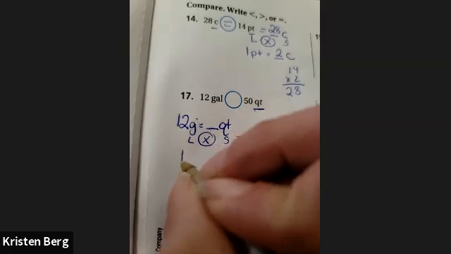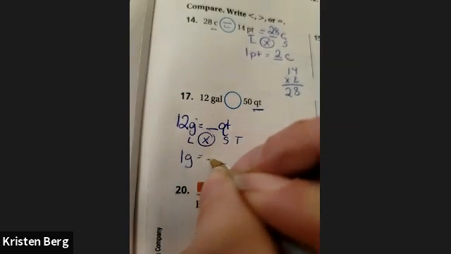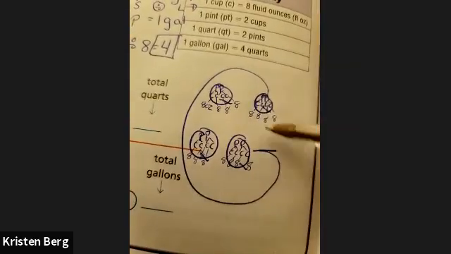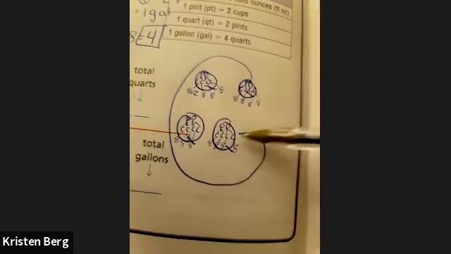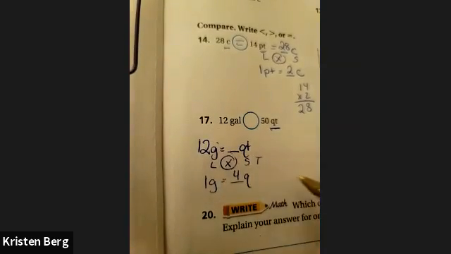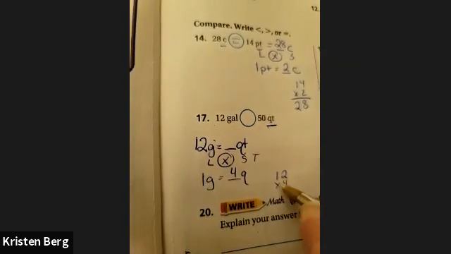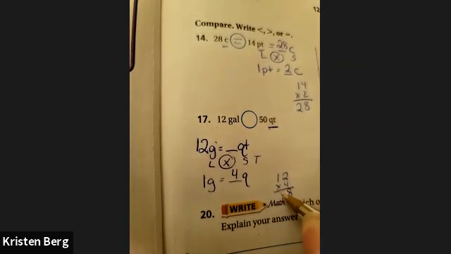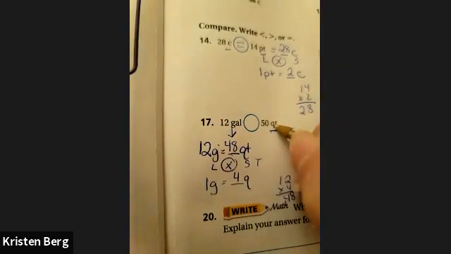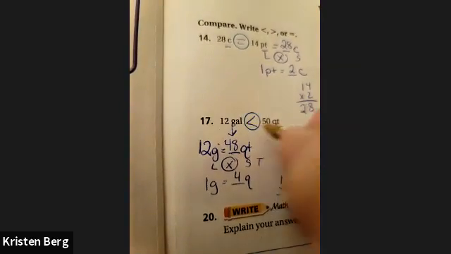And then 1 gallon has how many quarts? So 1 whole gallon has how many quarts inside of it? That is 4 of them. So in order to do this, I would do 12 times 4. That is 8 and 4, so this is 48 quarts versus 50 quarts. What is larger? It is the 50 quarts.